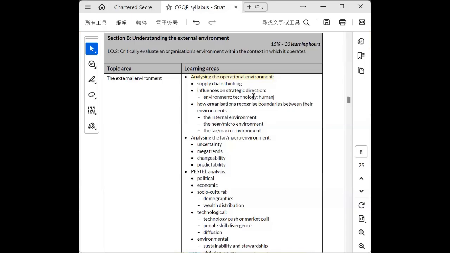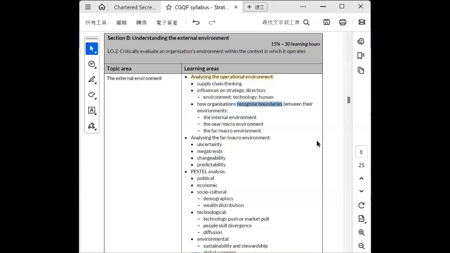So it is important for organizations to define the boundaries between different layers of the environment. They could then focus their strategic analysis and allocate the resources effectively. Internal environment includes elements under the company's direct control, such as staff, infrastructure, and internal processes.